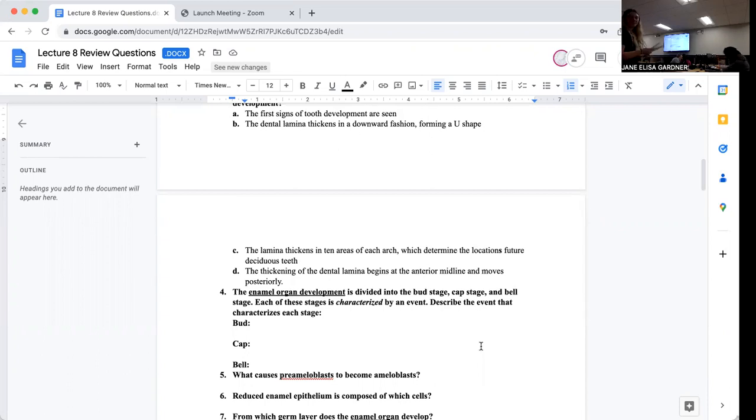And then the bell stage is characterized by concavity of the cap deepening in the presence of the 4th layer.